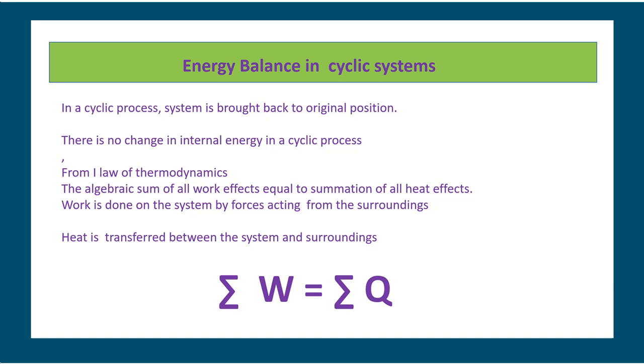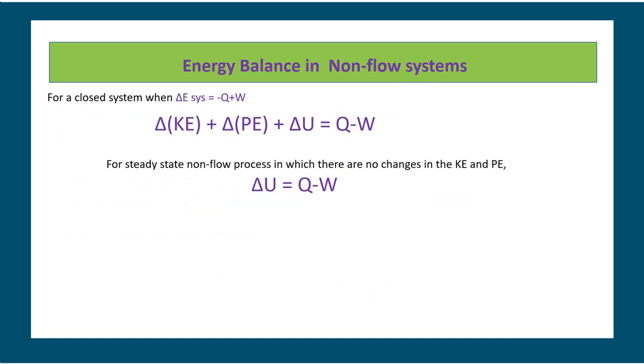Now look at the energy balance in non-flow systems. We can make use of the first law of thermodynamics for a non-flow system, and write that the total energy change of the system is equal to the change in kinetic energy plus change in potential energy plus change in internal energy.